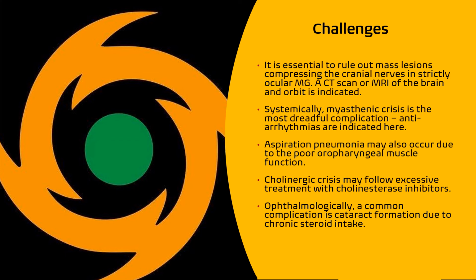Some challenges, and this is the last slide I'm going to provide in this slide set. The challenge generally is that it is essential to rule out mass lesions compressing the cranial nerves in strictly ocular myasthenia gravis.